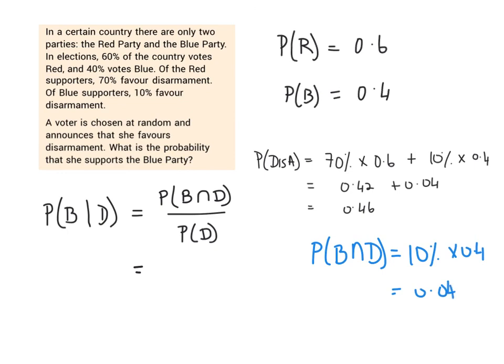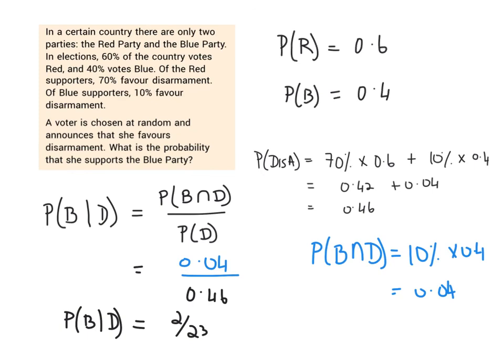So back over to here, we can fill in our 0.04 all over our 0.46. Dividing those out, we get 2 over 23, and that's P of B given D.